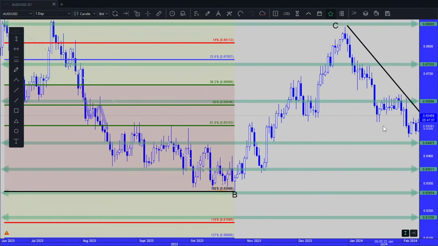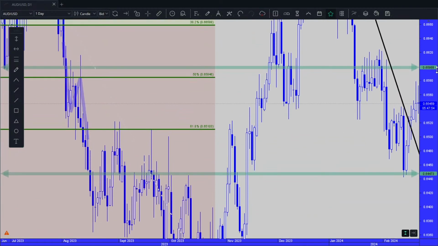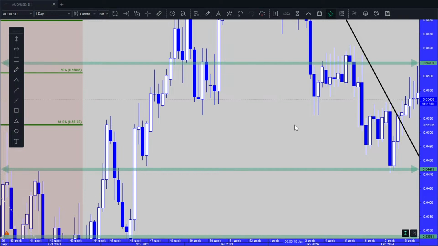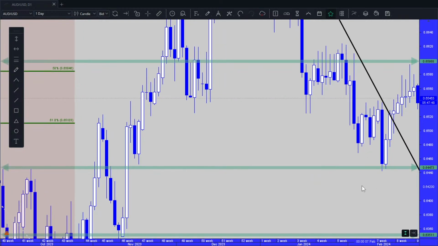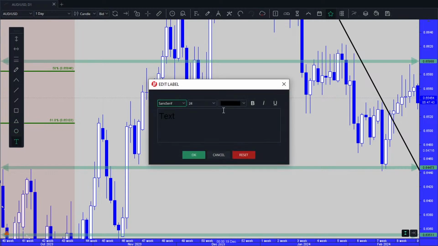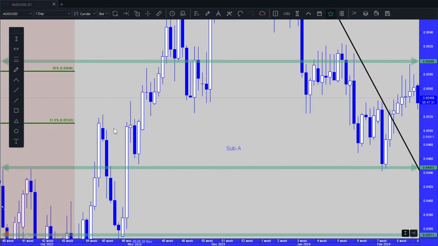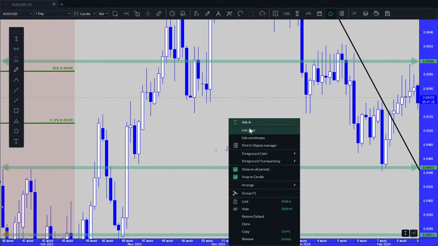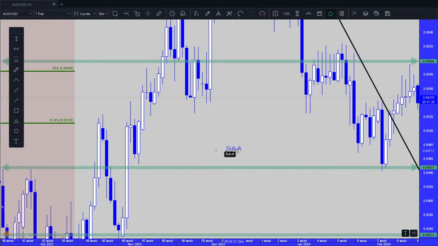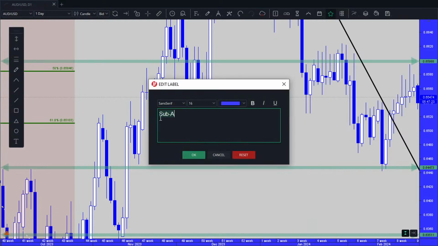Okay? So let's say that I want to trade the Contrarian Fibonacci. What do I need to have? Well, for starters, I need to have a low and a high, right? To measure. So text, as always, we're going to change colors, make it smaller. So this is going to be our sub A, and clone. Now we have edit label, we have our sub B, maybe bold, right?